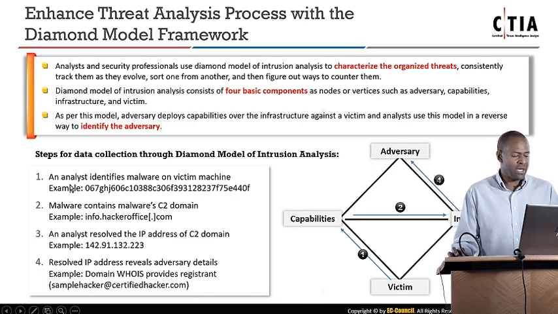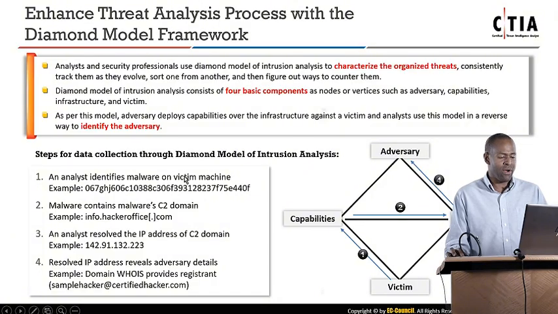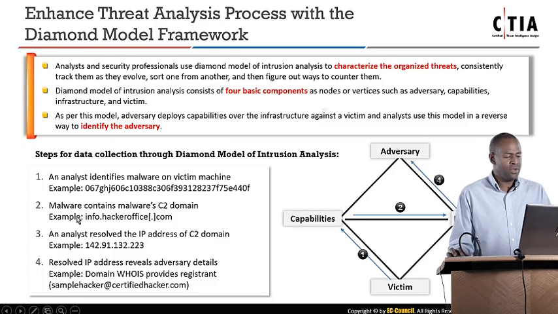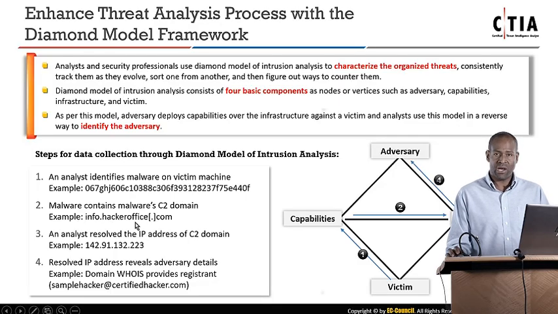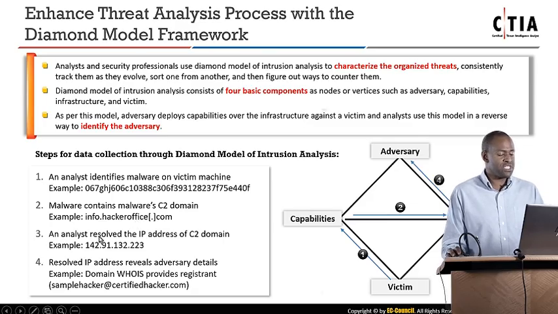So we look at step 1, an analyst identifies malware on a victim machine. So that's step number 1. Step number 2, the malware contains the malware's C2 domain. So we have information now on the malware domain. Step number 3, the analysts resolve the IP address of the C2 domain. We get an IP address, an IPv4 address. Number 4, the resolved IP address reveals the adversary details.